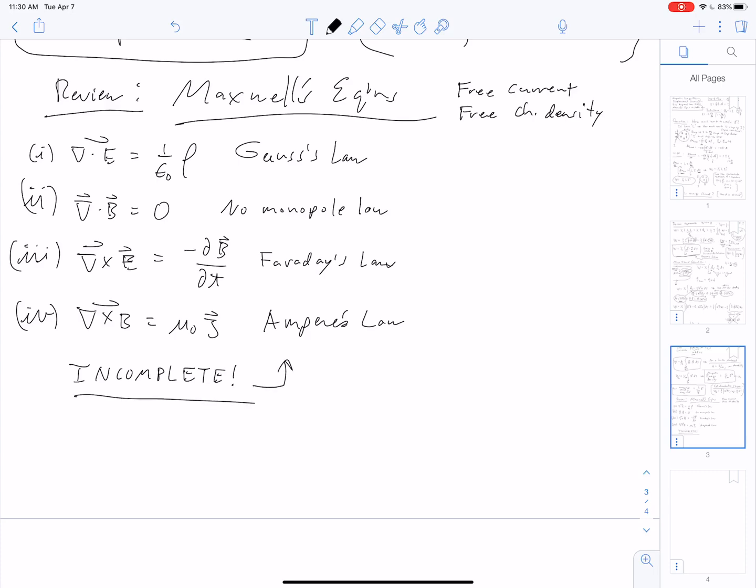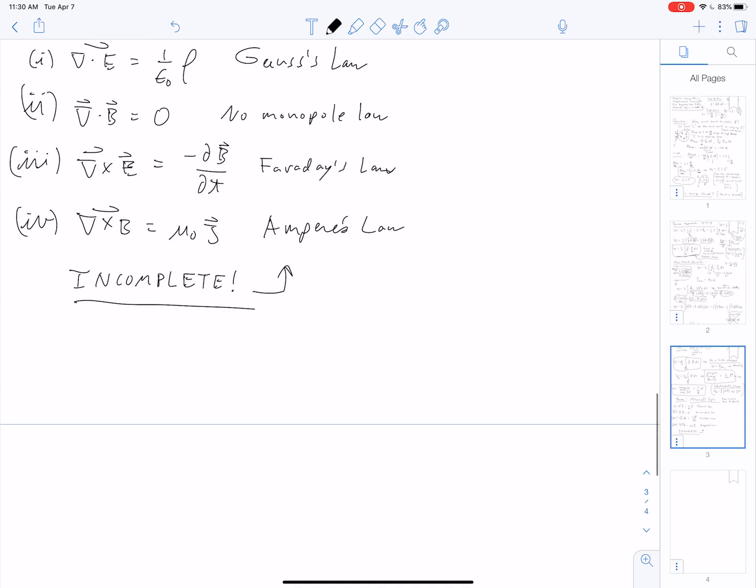Incomplete. Oh no. Why are they incomplete? It's easy to see, because there's two different ways of seeing it. Two very famous arguments. Let's consider the first argument.